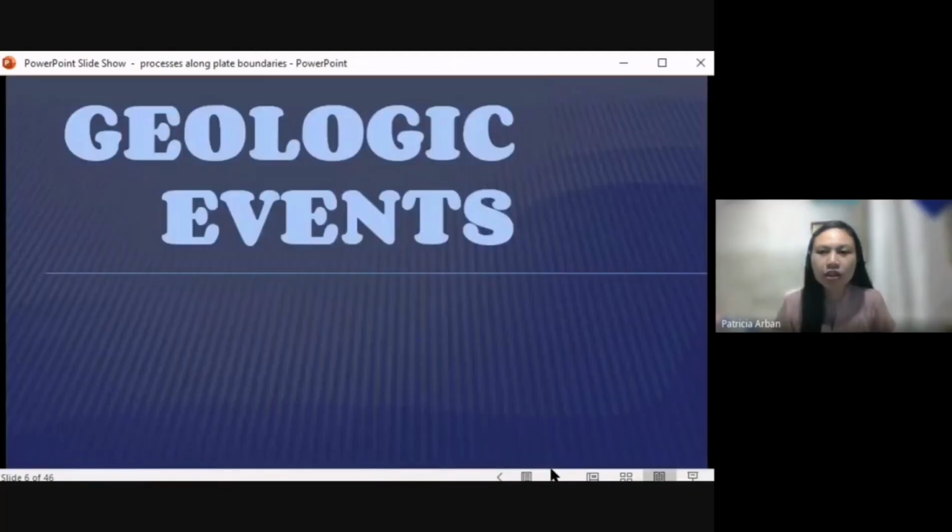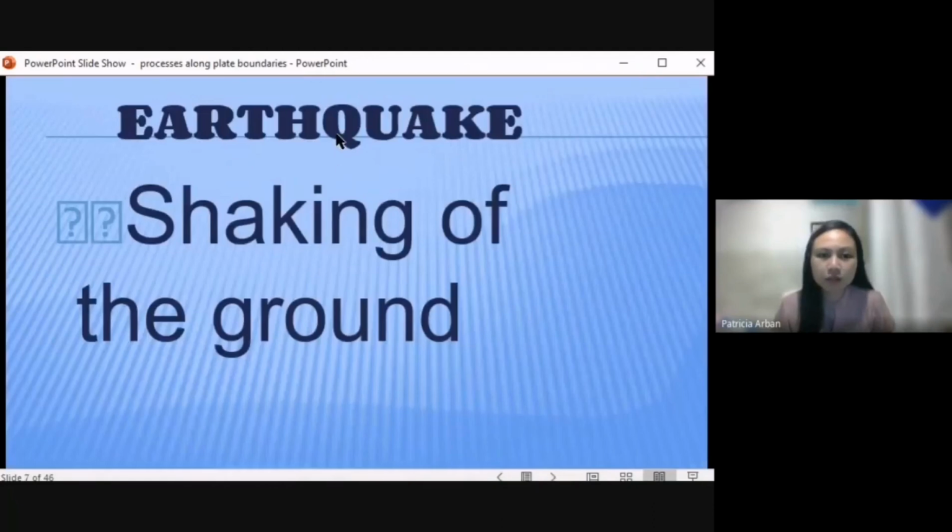Now, what are the geologic events, or yung mga pangyayari kapag naggungguan yung oceanic crust and continental crust? The first one is earthquake, which is the shaking of the ground. Remember, when there is movement of plates, there will be shaking of the ground, so there is an occurrence of earthquake.